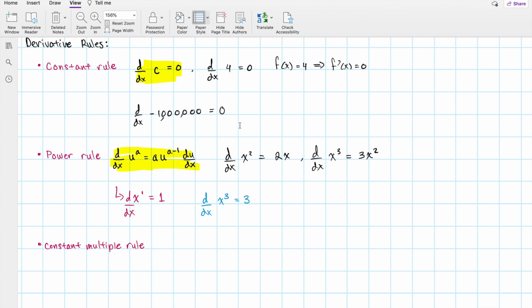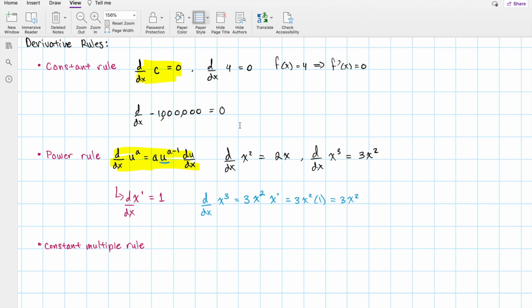Then I take 3 minus 1, which is 2, and then the derivative of u, which in our case is just x, right? u meaning the function itself. Well, the derivative of just x, as I told you before, is always just going to be 1. So this is 3x squared times 1, or just 3x squared. Now, this incorporates something called the chain rule, which we haven't covered just yet, but we will cover soon. And then you'll see why this is so important to remember.